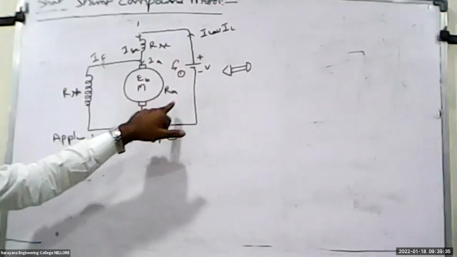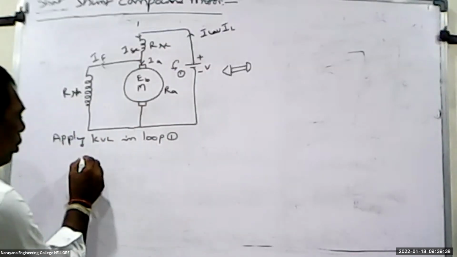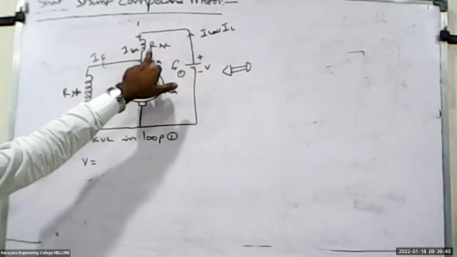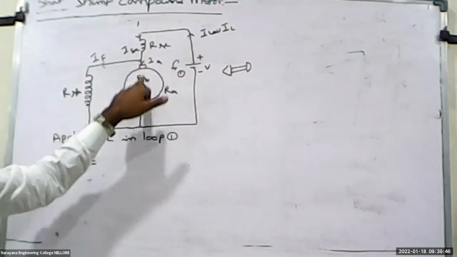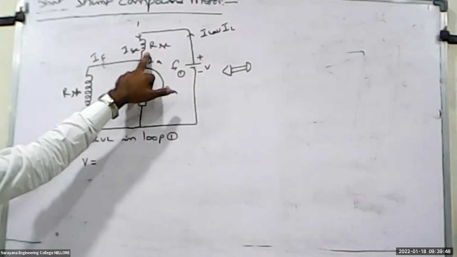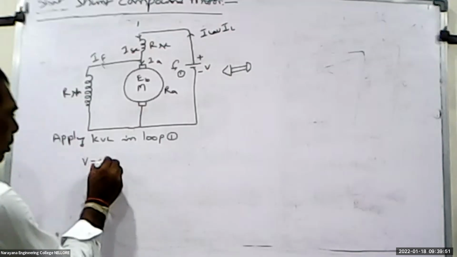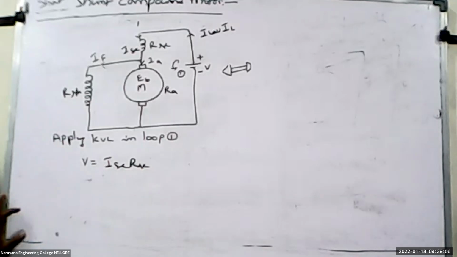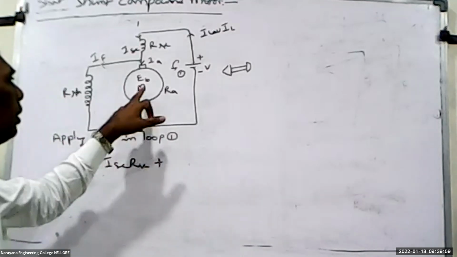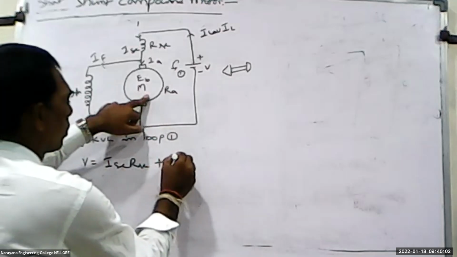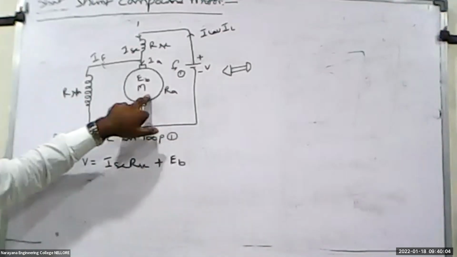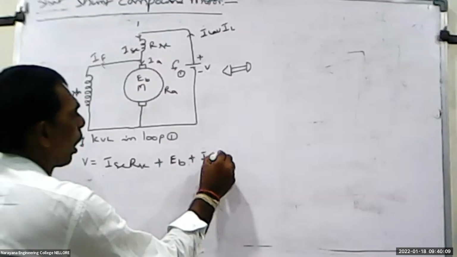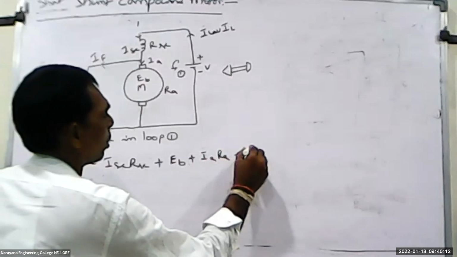So we are applying KVL for loop 1. V is equal to ISC into RSC, plus the drop across the armature, EB and IA RA, and brush drop.